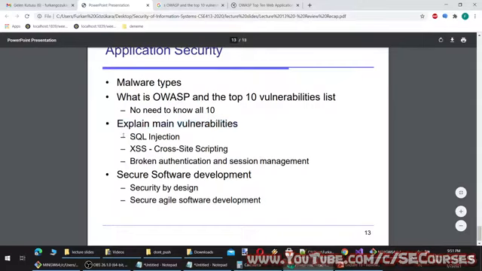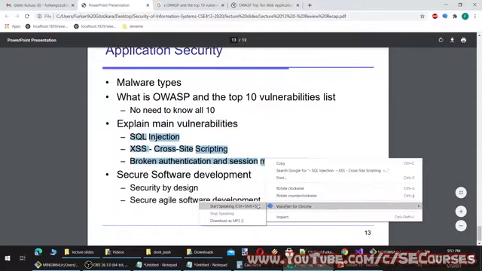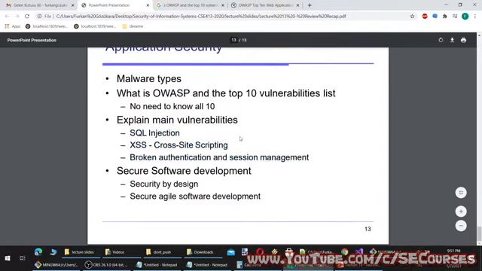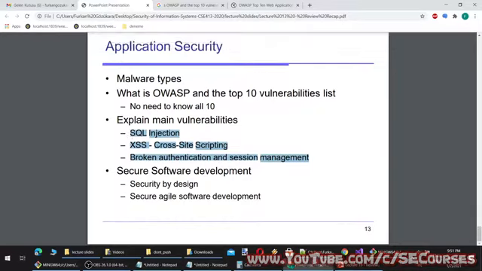Explain main vulnerabilities. SQL injection, XSS (cross-site scripting), broken authentication and session management. These three are truly and indeed the top three major vulnerabilities that you have to be careful about in your professional life. The most common one is SQL injection.